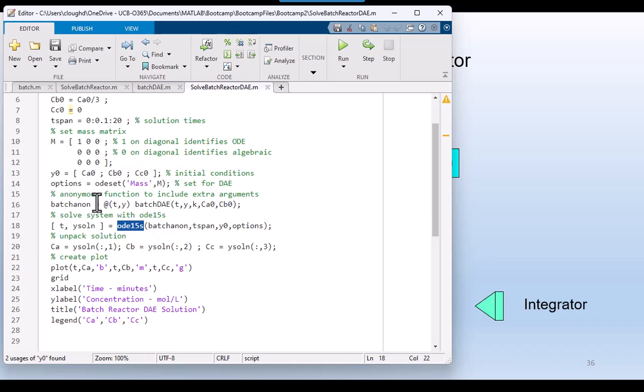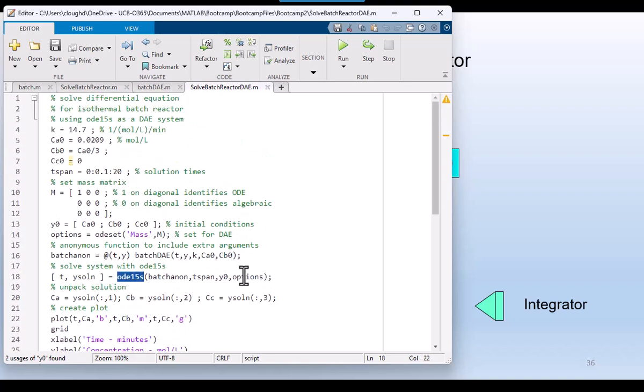So we have our anonymous function just as before, and then we have our t-span, y, and we now include our options, ODE set results. When we have our results in the end, the y solution now includes all three variables, a, b, and c, and so we unpack those into more familiar variables, carry out our plot just as before, all right?